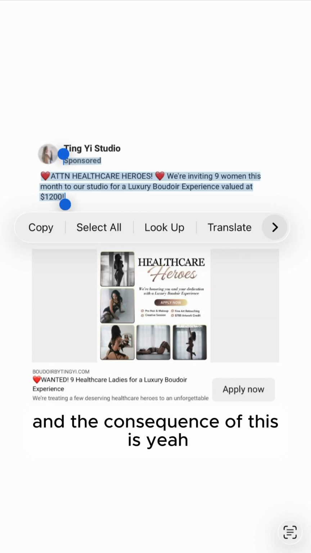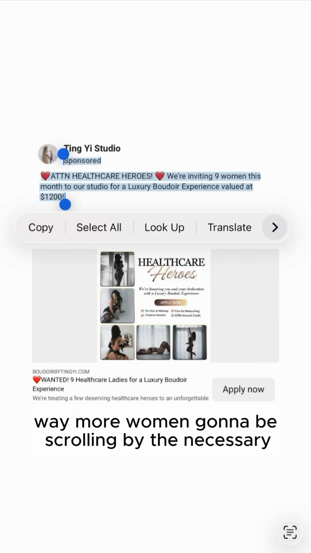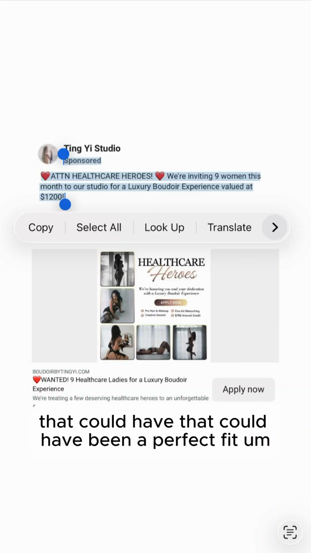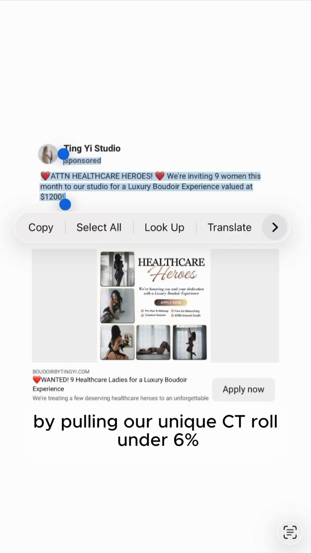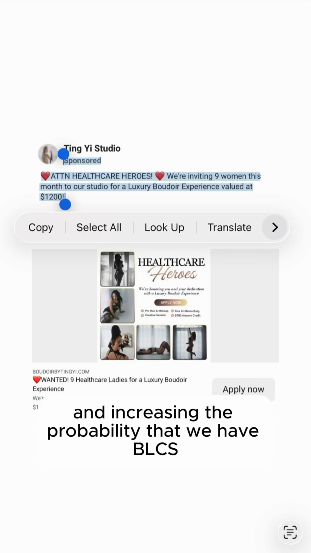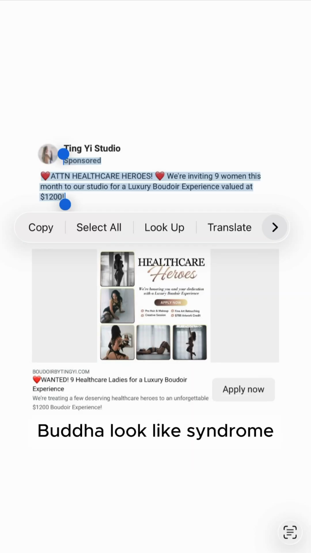And the consequence of this is way more women are gonna be scrolling by than necessary. That could have been a perfect fit. But they're scrolling right on by, pulling our unique CTRL under 6% and increasing the probability that we have BLCS, Boudoir low-click syndrome.